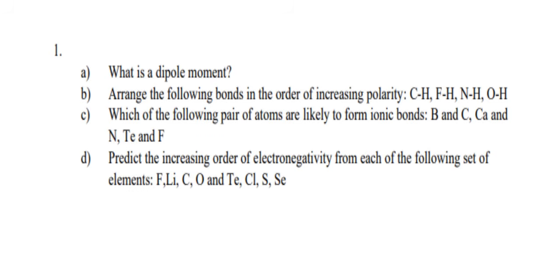Now let's solve D. We are asked to predict the increasing order of electronegativity for each of the following sets of elements. So electronegativity is the tendency of an atom to pull electrons towards itself.